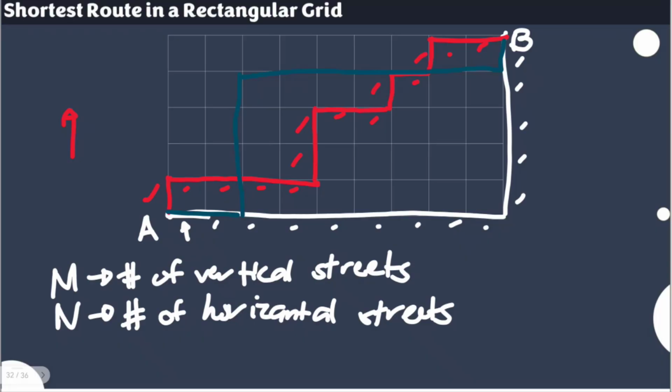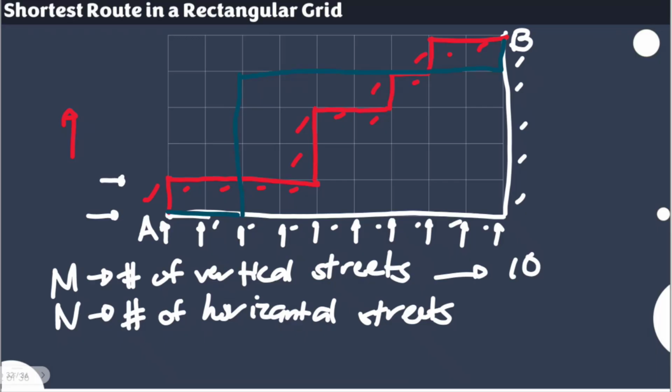There's actually a block in that specific area. So we start here from this one street to, let me erase this, 3, 4, 5, 6, 7, 8, 9, 10. So in this case, you have here 10 vertical streets. For horizontal streets, you have here 1, 2, 3, 4, 5, 6. You have here 6 horizontal streets.